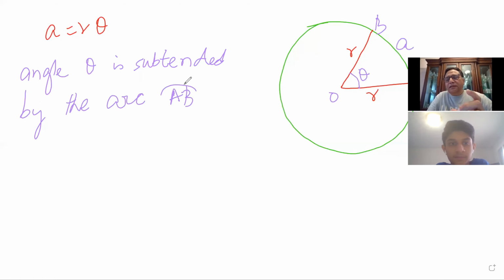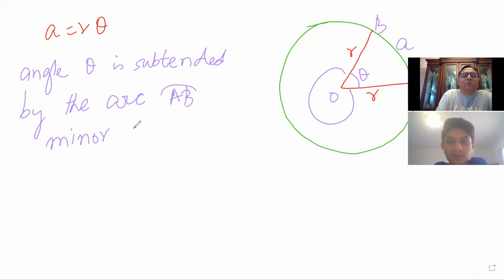Now, here I'll take a moment. As you can see, the angle could be this also. You see that? So we call this a minor arc, and the other arc which I'm talking about is the major arc.